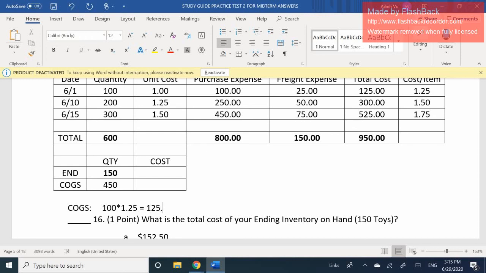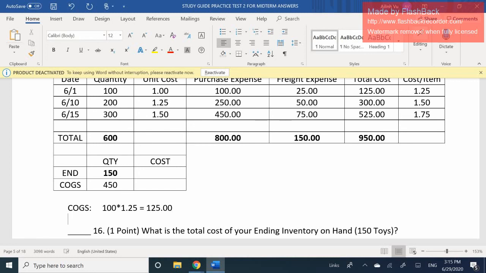Hold on. So we take how much out of the 200? But we're trying to get to 450, so we got the 100 and 200, that's 300, and then you take 150 out of the 300. Yes. So we're taking an additional 200. That'll leave 150.